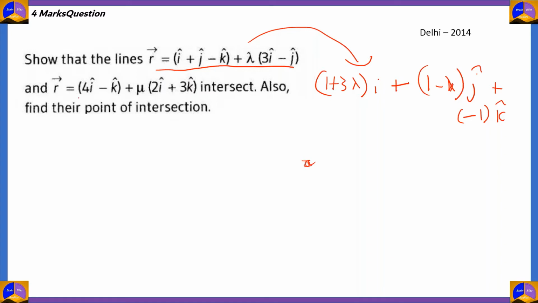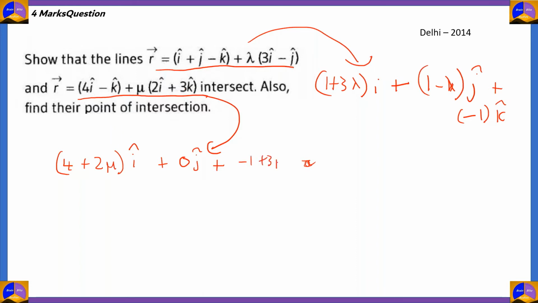and r is equal to 4i cap minus k cap plus mu times (2i cap plus 3k cap) can be written as (4 plus 2 mu) into i cap plus, since there is no j cap, we can write it as 0 j cap, plus (minus 1 plus 3 mu) into k cap.